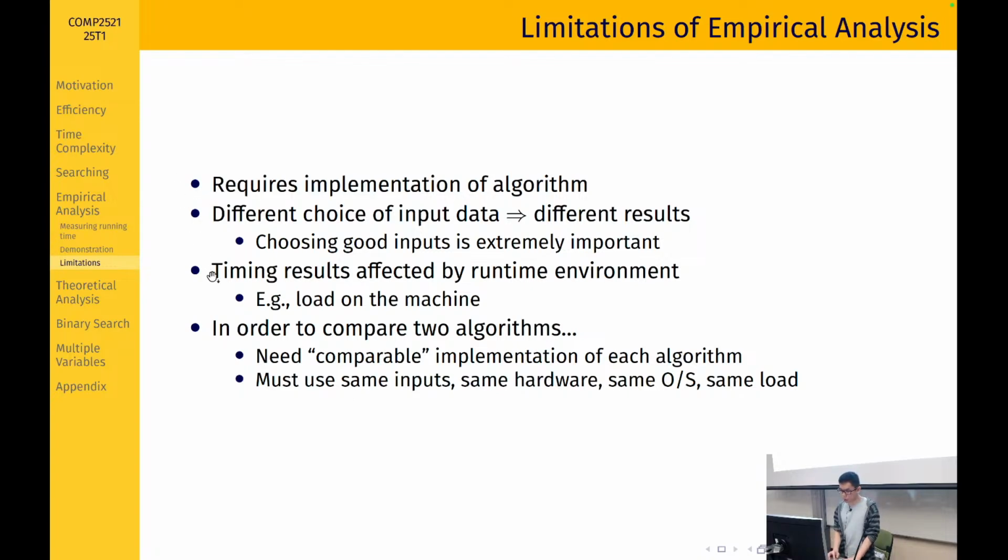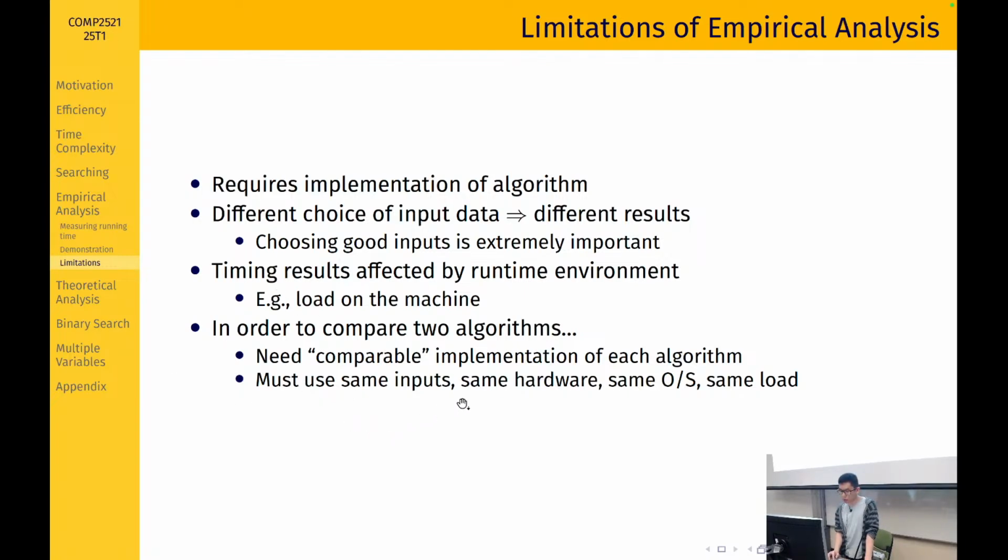Another limitation is that the results that you get depend on the machine that you're running the algorithm on, and not just the computer, but the load on the machine, for example. You have to make sure that when you time the algorithm multiple times, the environment is similar every time.